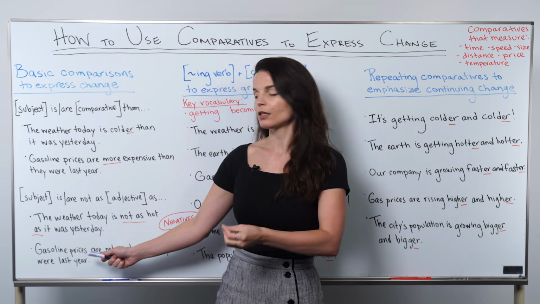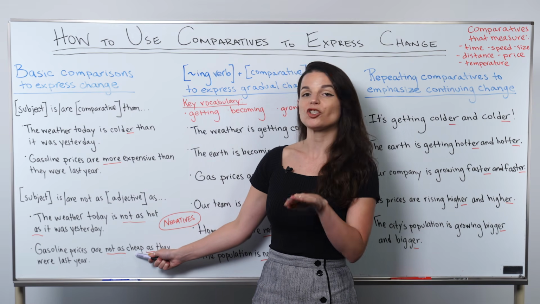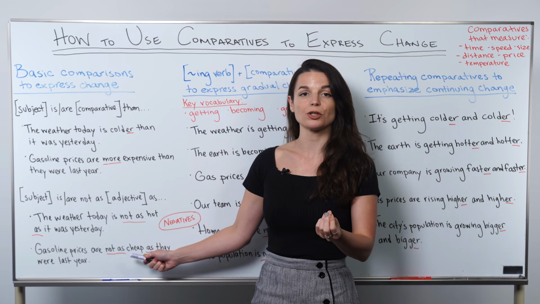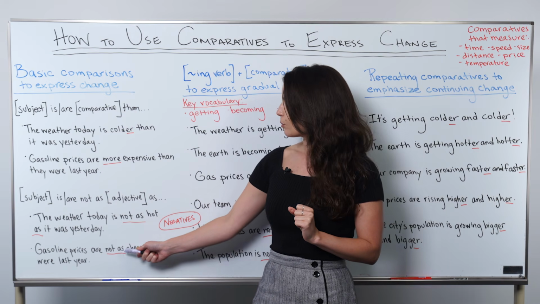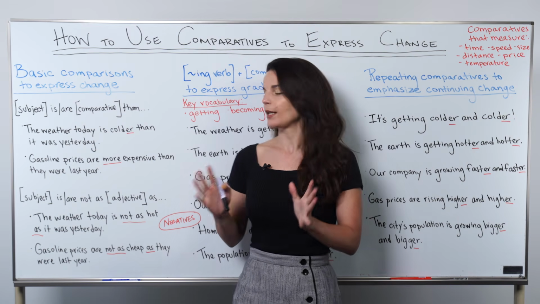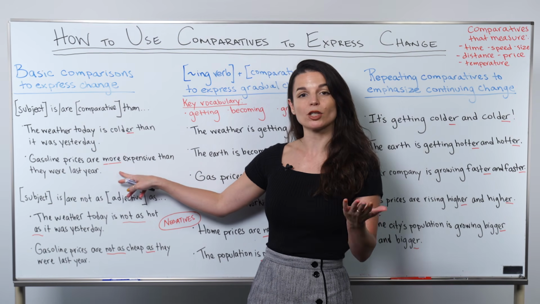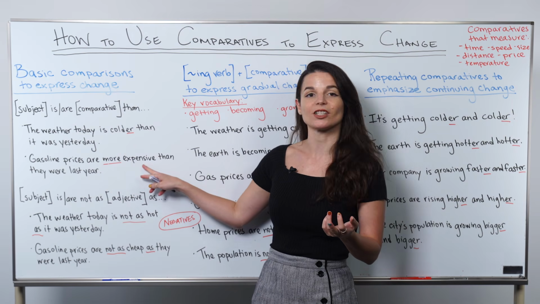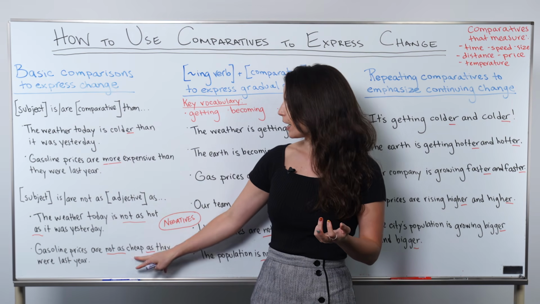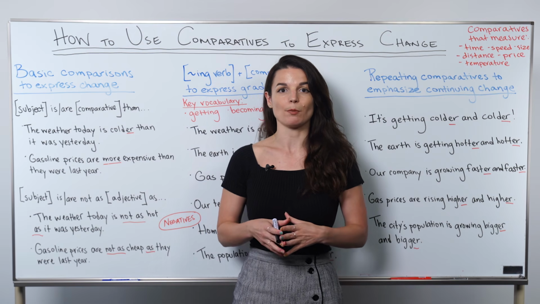Gasoline prices are, again, not as adjective as, so not cheaper, but just cheap. No change to the adjective. Okay, so again, this sentence expresses the same thing as this sentence. We've just used the opposite adjective. Here we had expensive, here we had cheap. So we can express the same ideas just with different grammatical patterns.